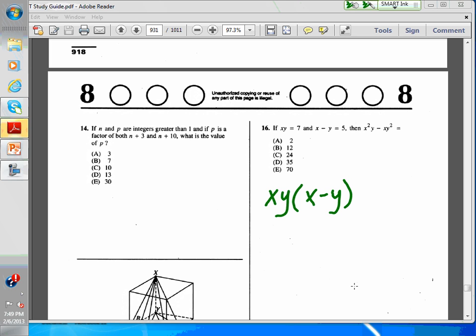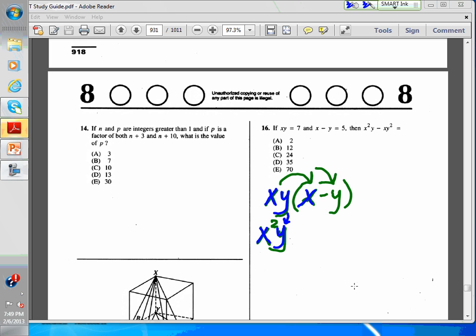So this will require that we distribute this xy to x and to negative y. So when we multiply xy times x, x times x gives us x squared, and the y just stays alone. So that is multiplying xy just times x.